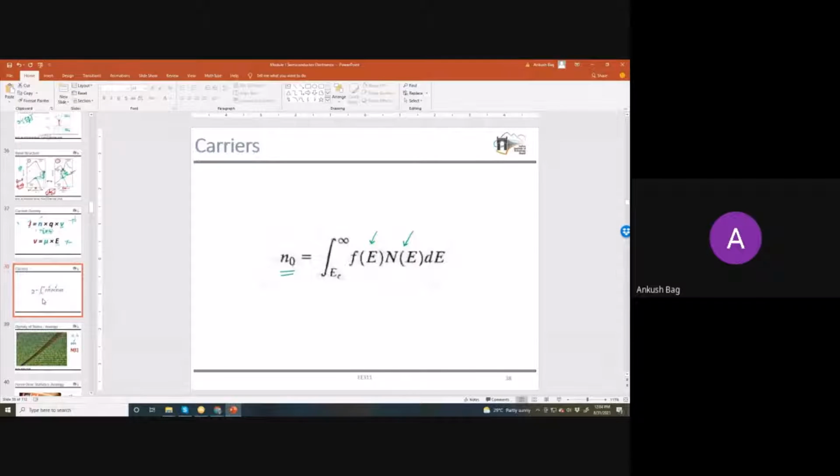The other is the Fermi function, which says whether those available states will be filled up by electrons or carriers or not.